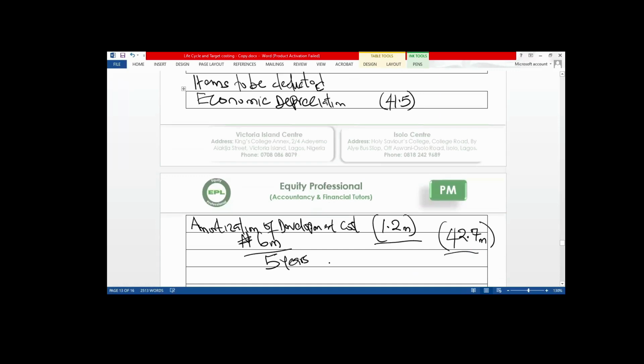That will give you 23.93, approximately 23.95. That is in billion. Next.